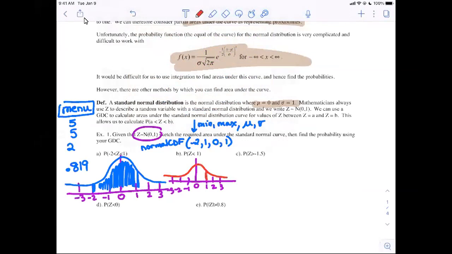And if I want the probability Z is less than 1, this is going to go normal CDF. Now it's going to negative infinity. When it goes to negative infinity, you're going to leave just this random small number in here, the -9e999, and it'll go 1, 0, 1.